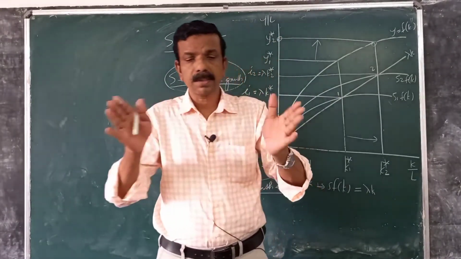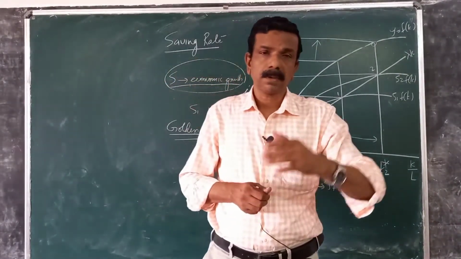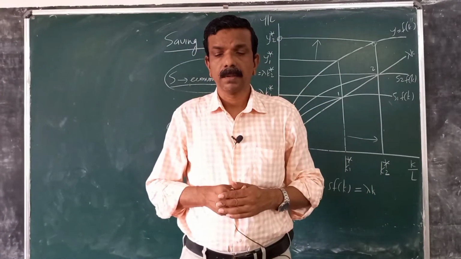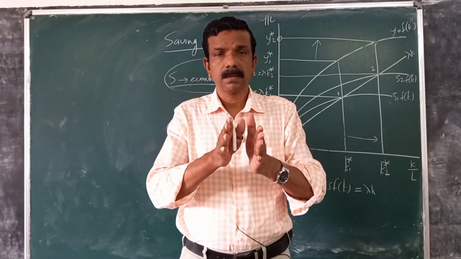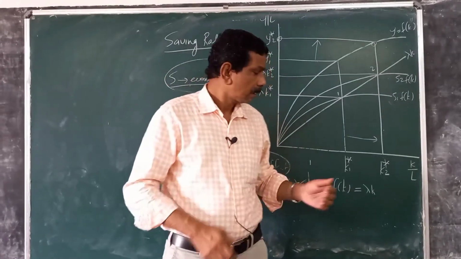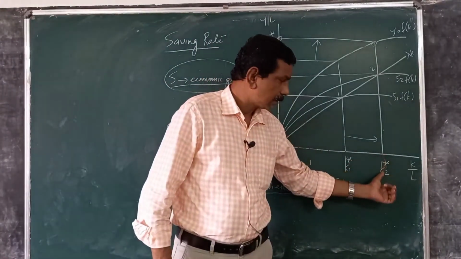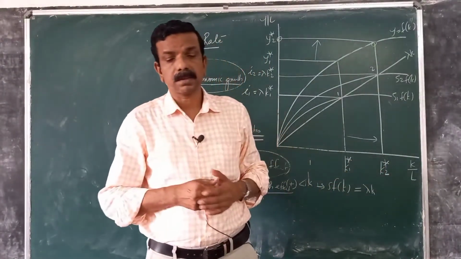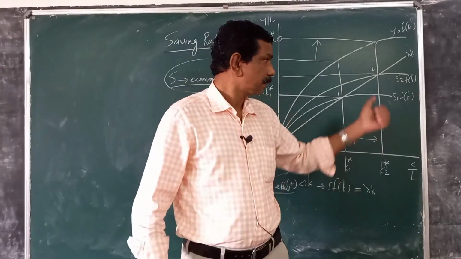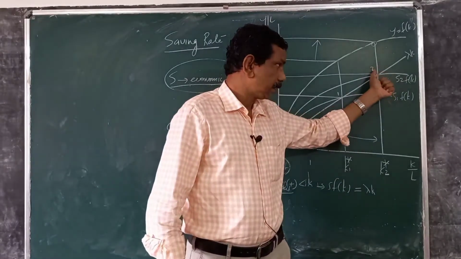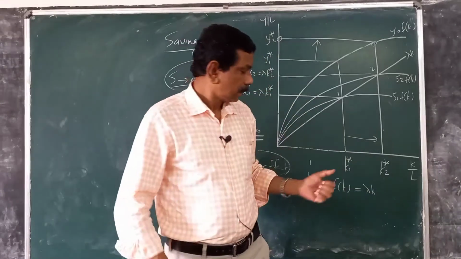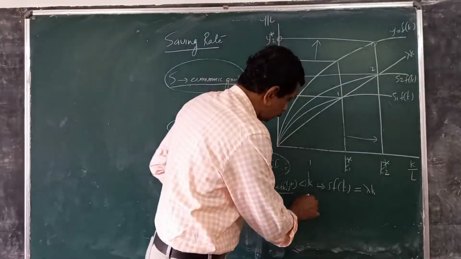So during this brief period of time, both K by L and Y by L increase. But once it reaches the new steady state, again investment and depreciation are equal at this point, say point 2, and delta K is equal to 0.